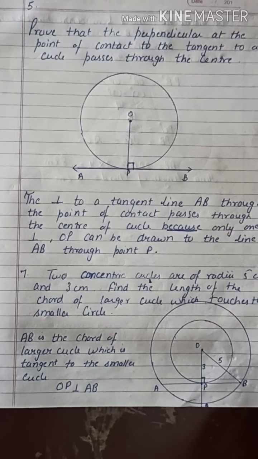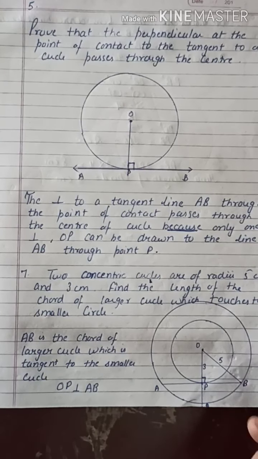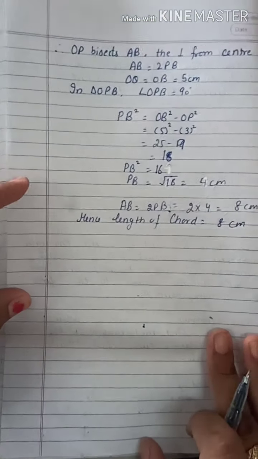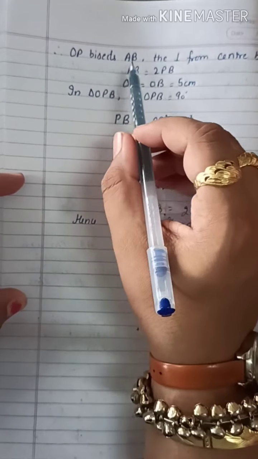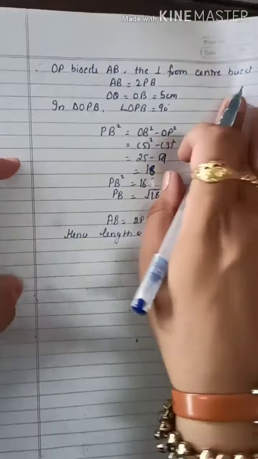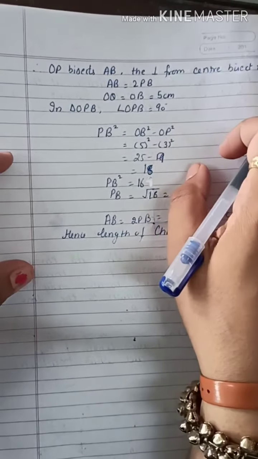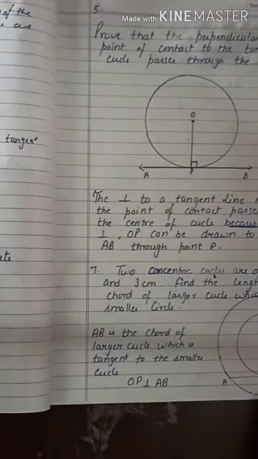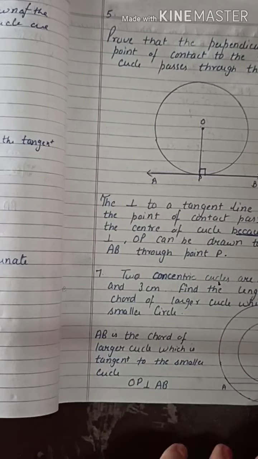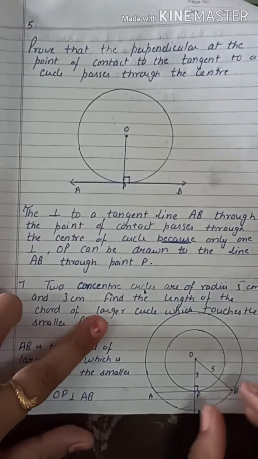And I am going to apply one more theorem of 9th class. What is that theorem? OP bisects AB: the perpendicular from the center bisects the chord. So what is given here? This is the perpendicular and this is the chord.